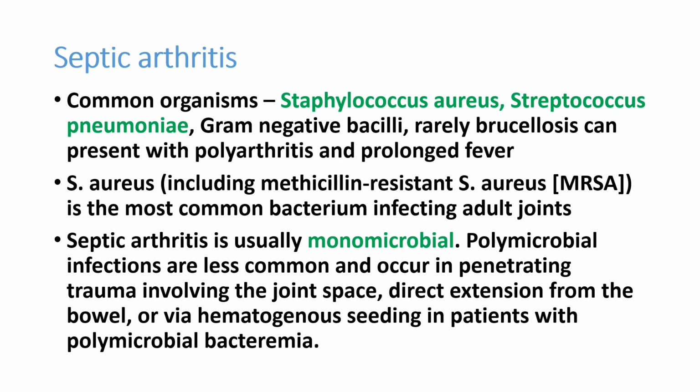Polymicrobial infections are not very common, but patients having trauma, especially penetrating trauma to the joint, can sometimes present with polymicrobial infection, and hematogenous spread can also present with polymicrobial infection.